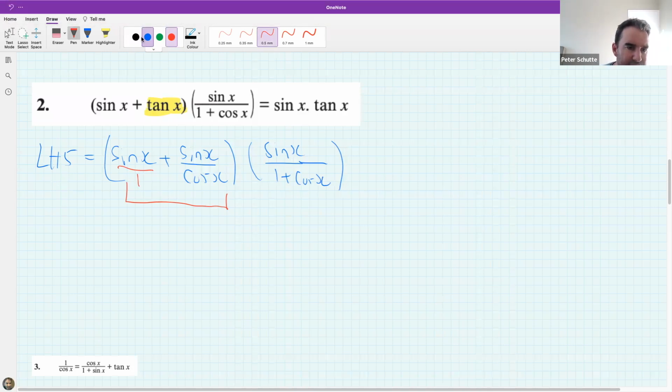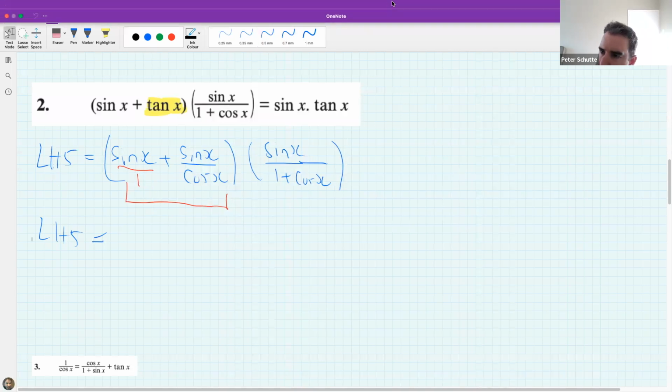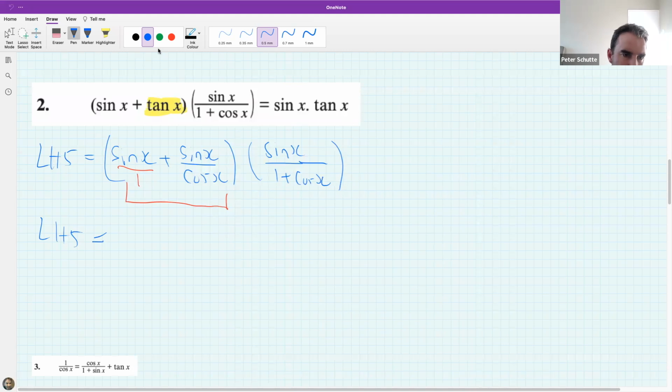Yeah, so I think a good step here would be to say, I'm going to times the top and bottom by something. What am I going to times the top and bottom by? Yeah, cos x. Because I want it to be the same.